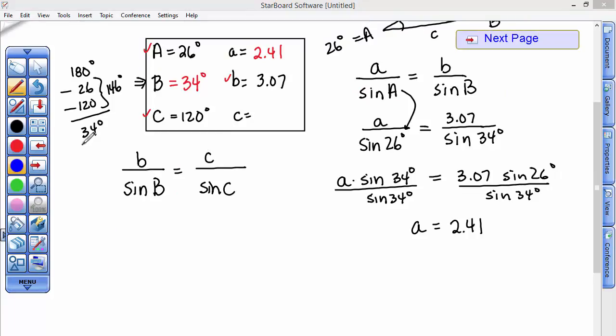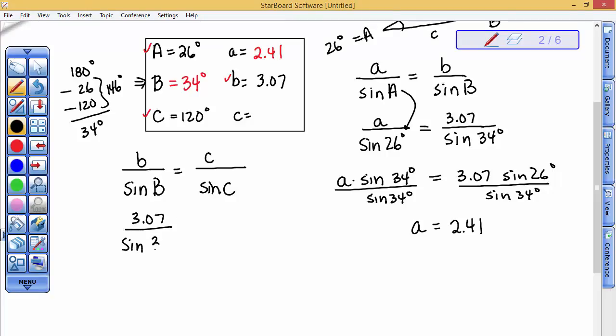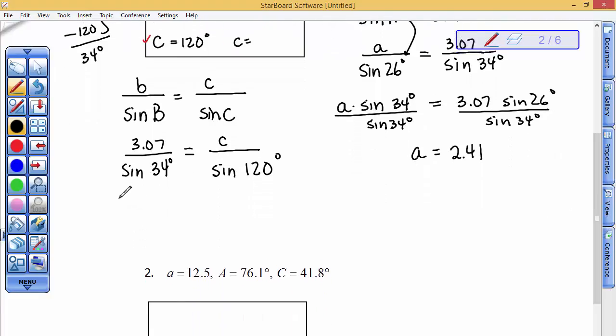So I plug in B is 3.07 divided by the sine of angle B, which is 34 degrees, equals side C over the sine of 120 degrees. And if I set these cross products equal, I'm going to show you a trick from now on. So I have 3.07 times the sine of 120 degrees equals C times the sine of 34 degrees, and to get C alone, I'm going to divide both sides by the sine of 34.